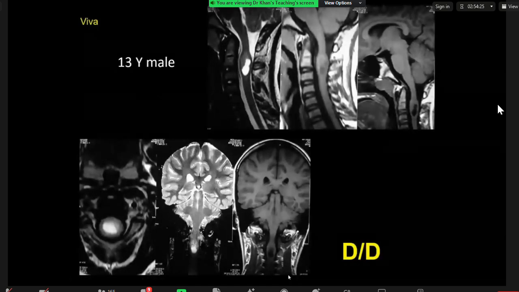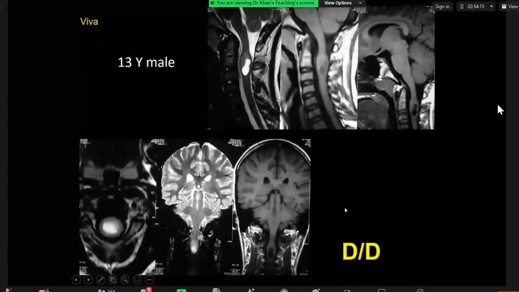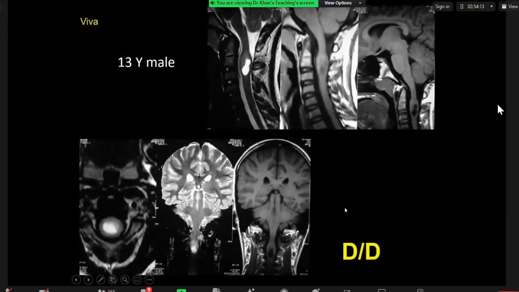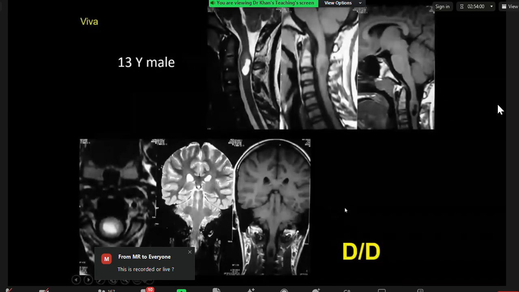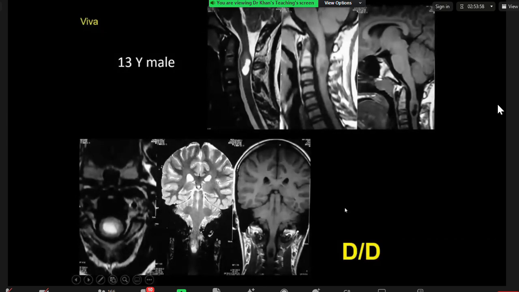And at the level of C2, C3, I can see a lesion which is causing mild cord expansion. It's high signal on T2, low signal on T1, and demonstrates enhancement. I can't see any other associated lesions. There's surrounding mild perilesional edema, and I think in this age group, my top differential will be an astrocytoma.